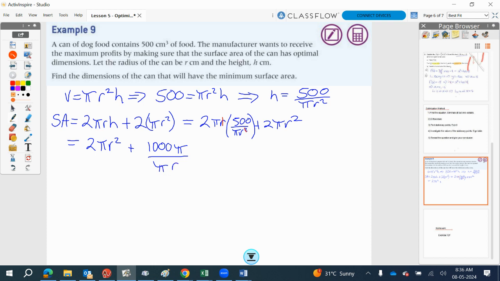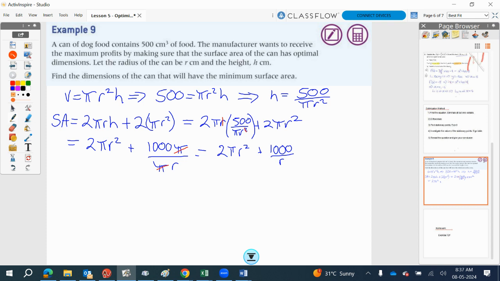Can we do any more simplification of this? Cancel out the pi. And then we can rewrite this now as 2 pi r squared plus 1,000 over r.